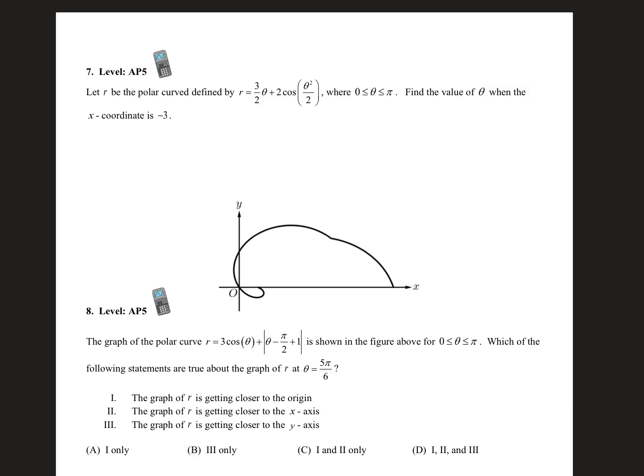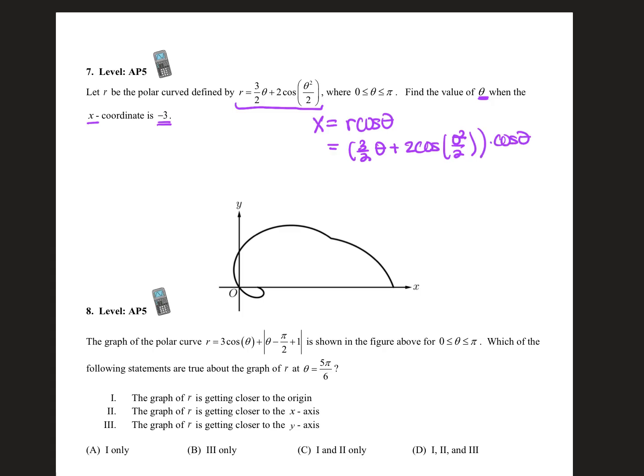So we want to find the theta value for when the x-coordinate is -3. So the first thing we're talking about is the x-coordinate. Remember, the relationship is x is equal to r cosine theta. So this would be 3/2 theta plus 2 cosine theta squared over 2 times cosine theta.